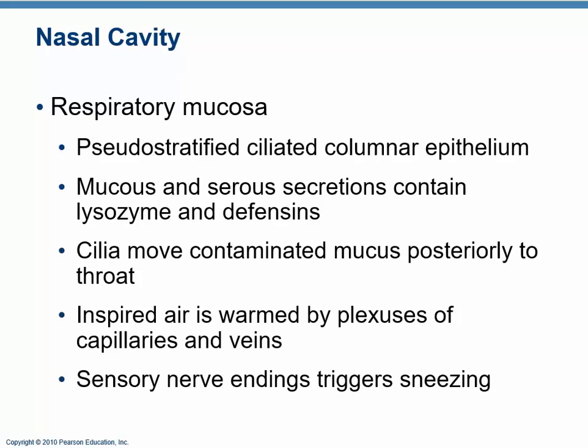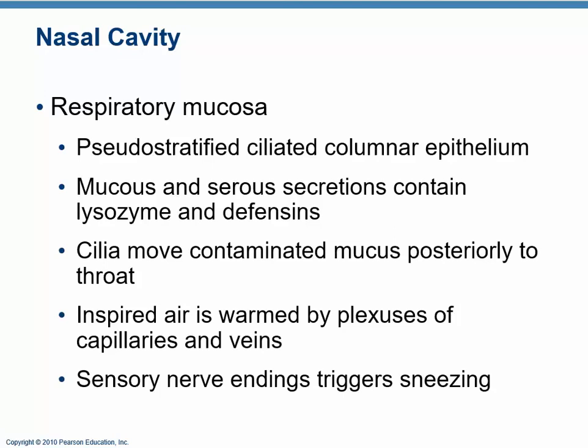You labeled it as a pseudostratified ciliated epithelium. Now, in that pseudostratified epithelium, there are goblet cells that make mucus. And the mucus that's made is not a benign sort of thing. In it, there are defensins and lysozymes and things that will kill any microorganism that gets trapped in that mucus.